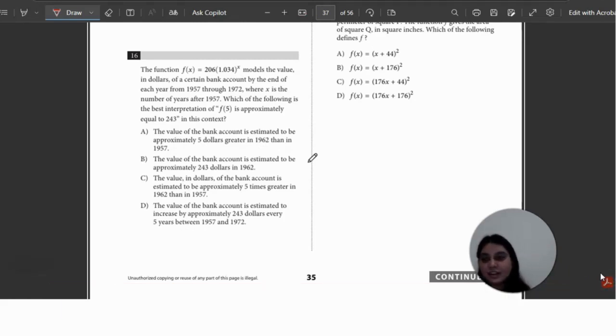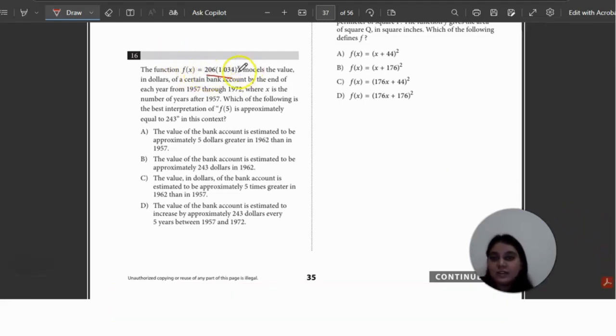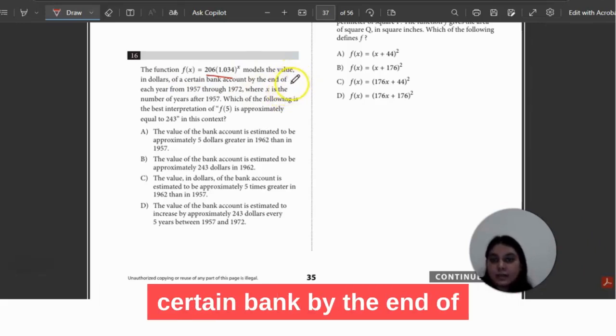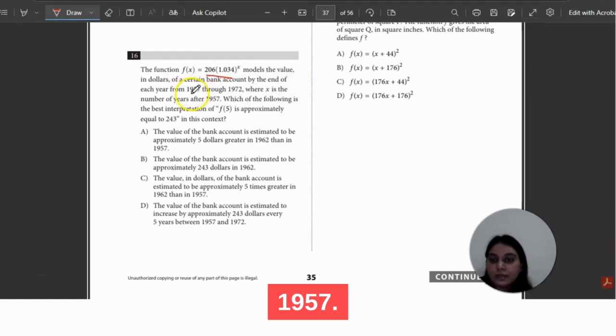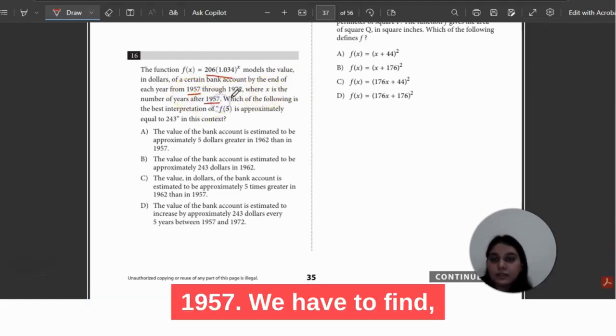So 5 minutes started. Question number 16. The function f(x) is equal to this. Now this models the value of a dollar in a certain bank by the end of 1957, where x is the number of years after 1957.